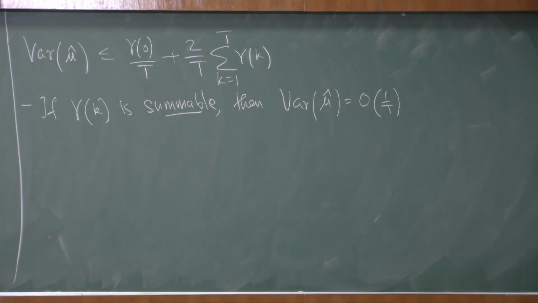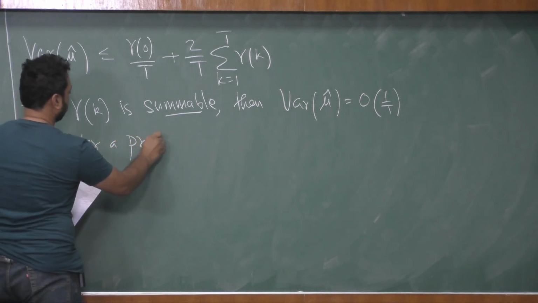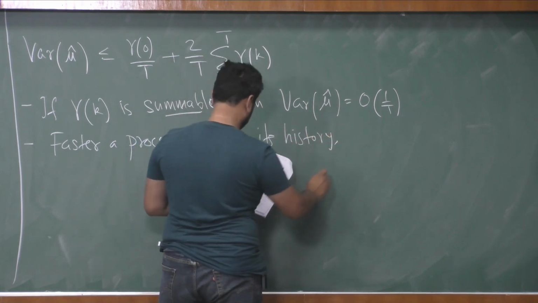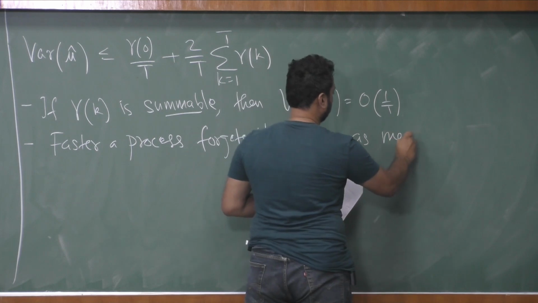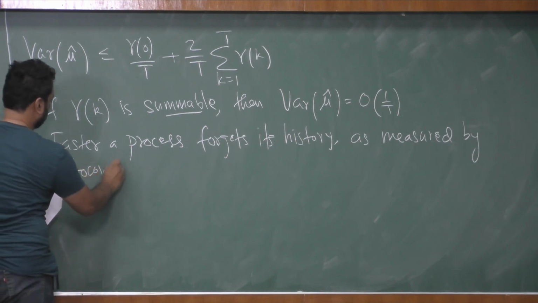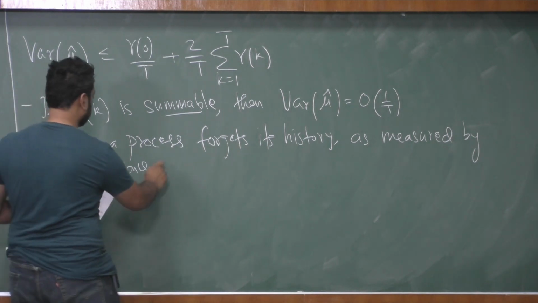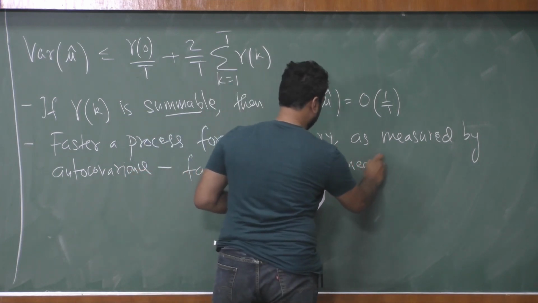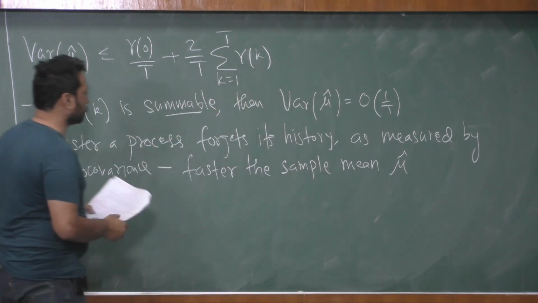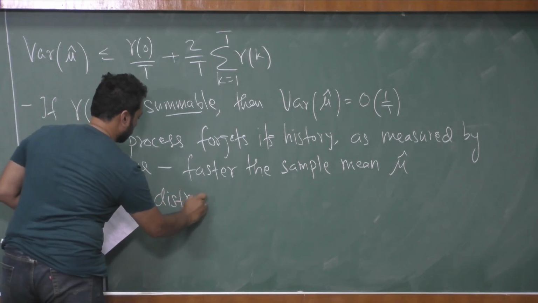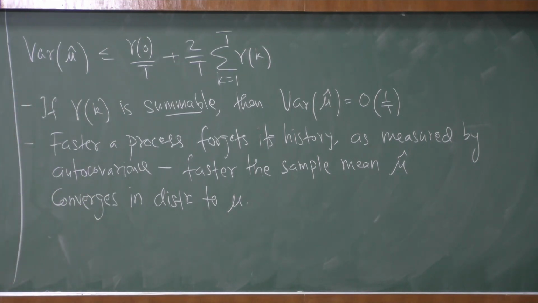This means that the faster a process forgets its history, as measured by the autocovariance, the faster the sample mean mu hat converges in distribution to the true mean mu. This is how we interpret this.